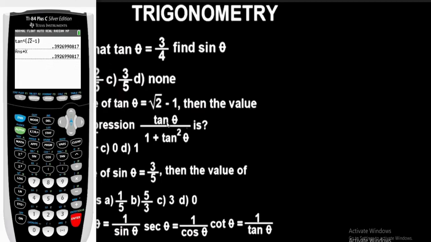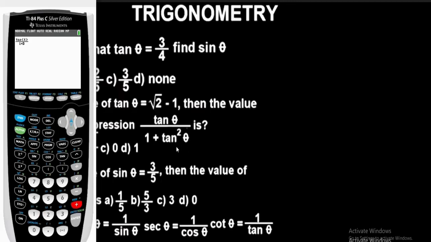Let's use it to simplify this expression, tan theta over 1 plus tan square theta. Let's clear this. We have a fraction. We press alpha and this button for fraction, then press 1. So we have tan x, close the bracket, over 1 plus tan square theta.